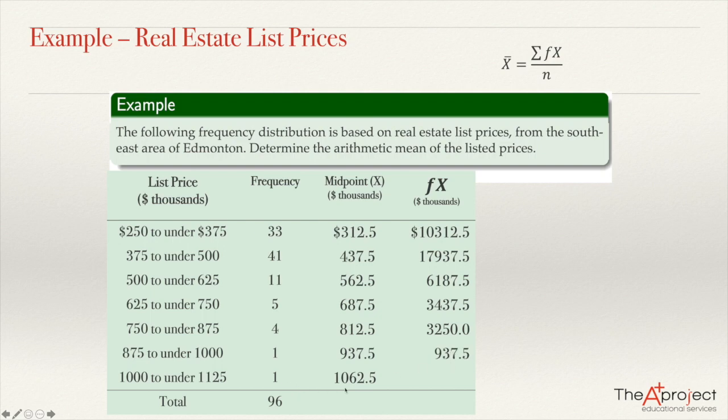And finally, 1 times 1062.5 is 1062.5. Add together all these numbers, use your calculator.